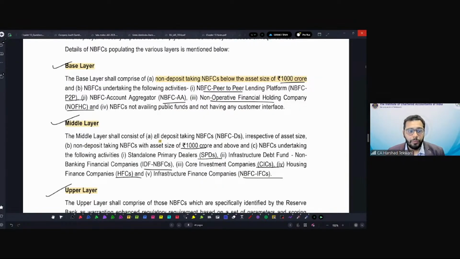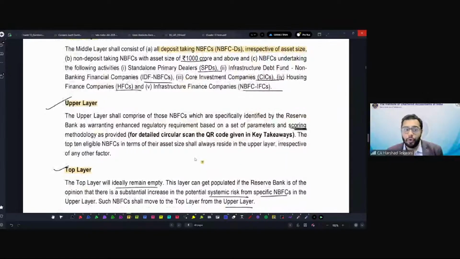Then we discussed the upper layer, which is based on a scoring methodology. On the basis of the scoring, we select the NBFCs which fall under the upper layer.